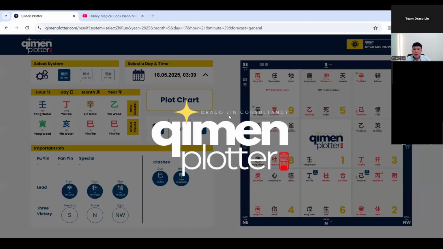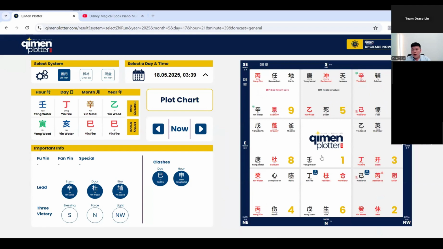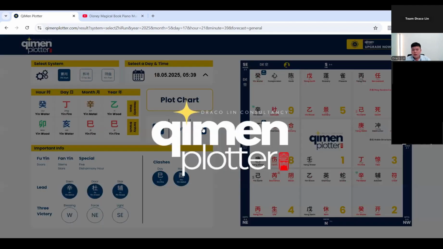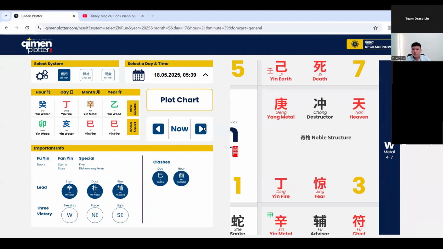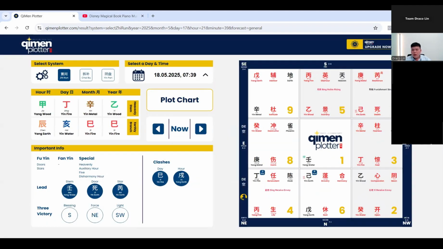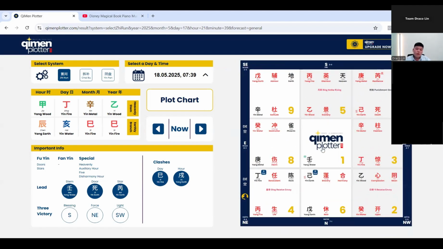For example, like the bird returned to the cave. Yeah, this is here. Some of the very dangerous structures, for example, like this noble structure, these are bad structures. It's also inside. Yeah, like the punishment structure. It's also inside. So these are all for you to have.